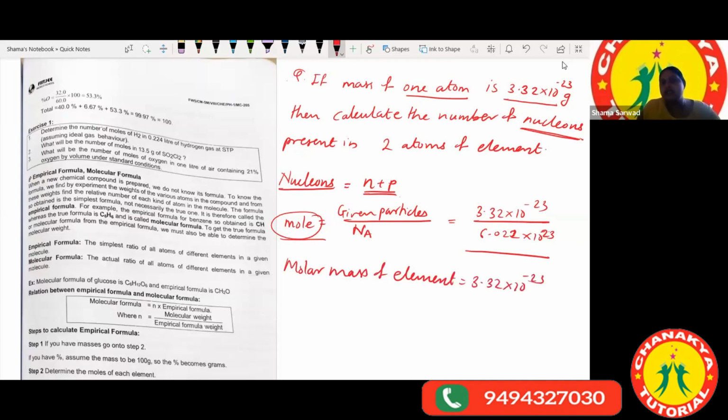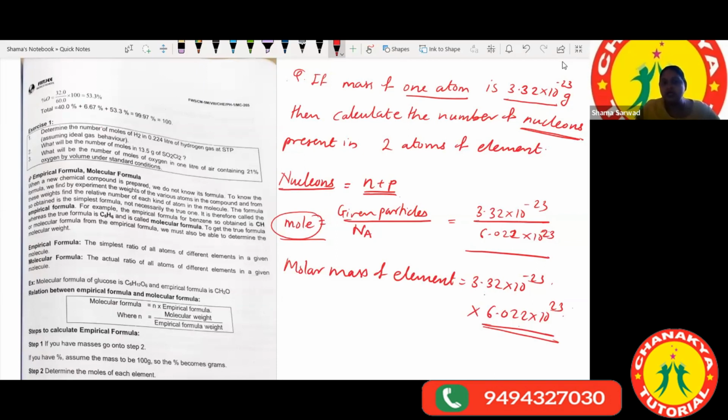This is the mass of one atom, multiplied with 6.022 into 10 raised to 23, because one mole has a particle count of 6.022 into 10 raised to 23. So molar mass is 3.32 into 10 raised to minus 23 multiplied by 6.022 into 10 raised to 23.